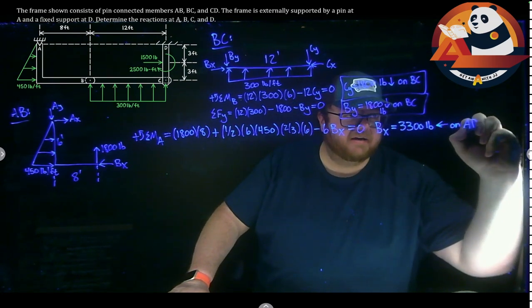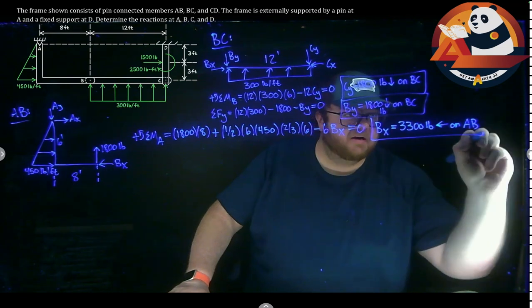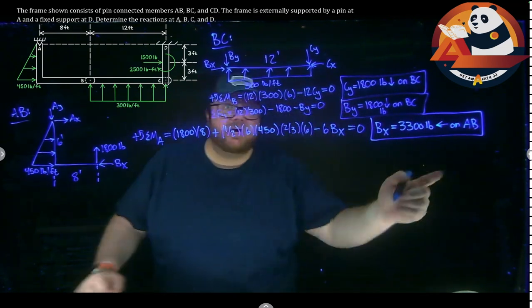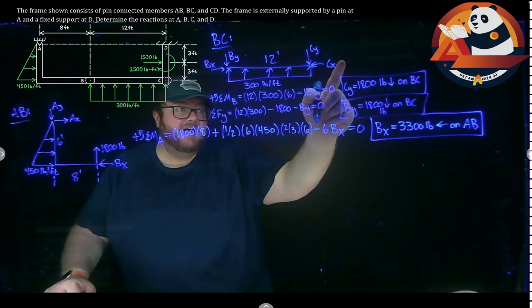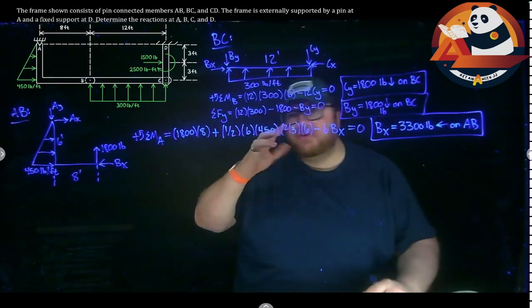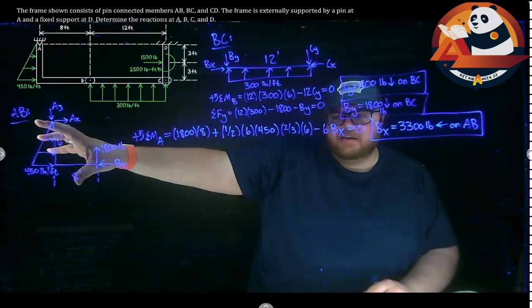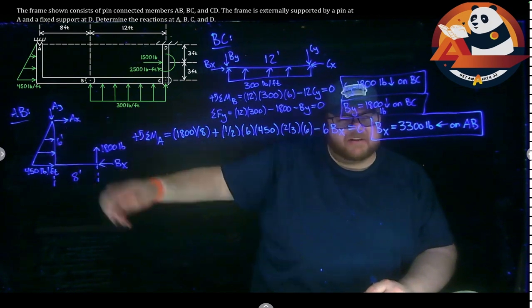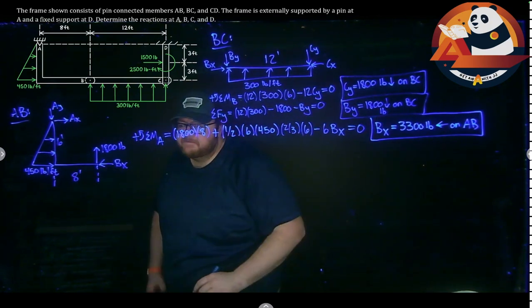On AB, which is our third answer, we could at this point go back to BC. I can now find CX. We'll do that in a bit, but let's go ahead and finish up this free body diagram, get everything we can here, and then we'll bounce back a little bit.